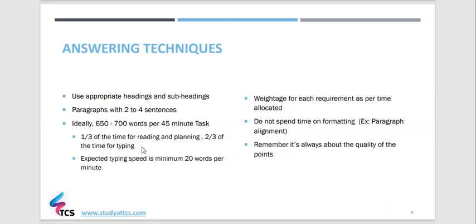Most students realize that they have not addressed the needs of the tasks. Instead they have written something else, some other answer. In such a context, what happens is, once students realize it, they end up deleting the entire answer and starting from scratch again. So by that time the student knows that he or she has spent so much time typing an unnecessary answer. So that's a time wastage.